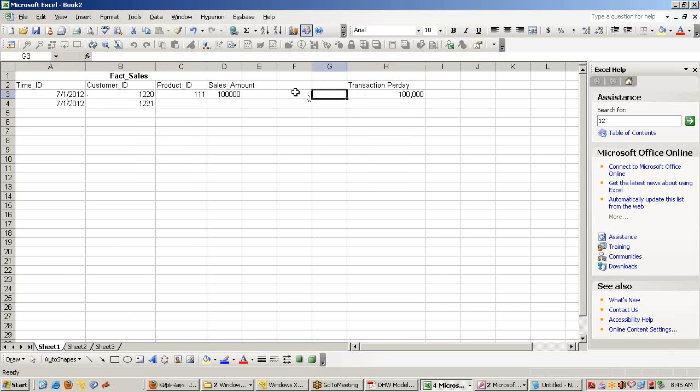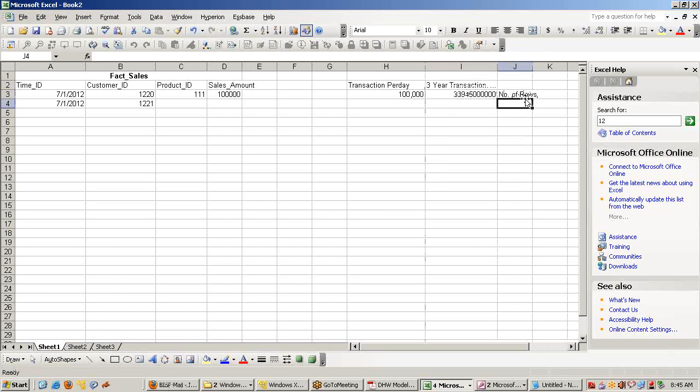If I'm managing this fact table for 3 years, so 3 years transaction, you can calculate it, 100,000 into 31 days into 365 into 3 years. These many transactions you have, these many rows you have in your transaction table just for 3 years. 3-year transaction would have number of rows.